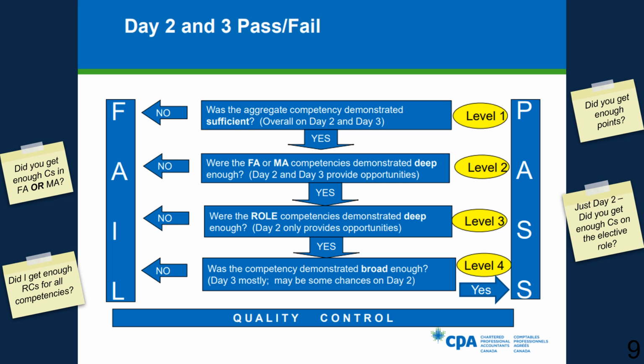What this means is that just on your day 2, did you get enough C's on the elective role? Lastly, were the competencies demonstrated broad enough? In other words, did I get enough RCs for all the competencies? In general, there's no set score that you need to get on your CFE to be able to guarantee a pass. You're marked against your peers of that year.